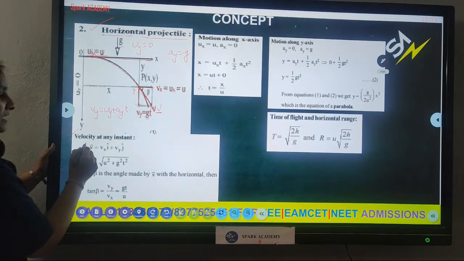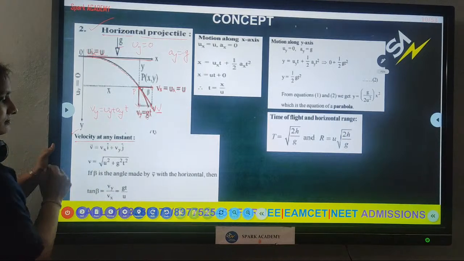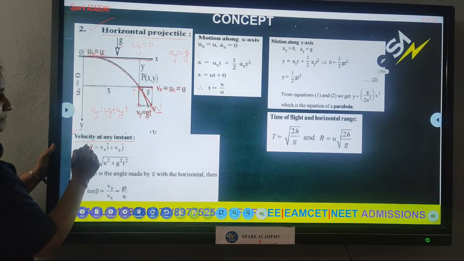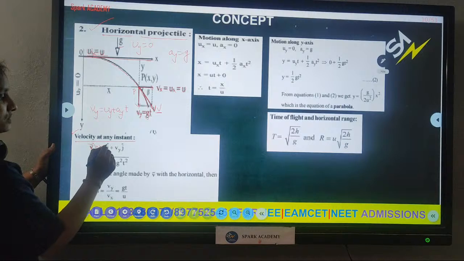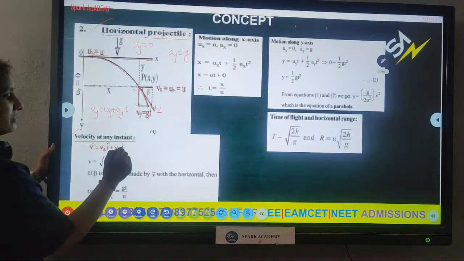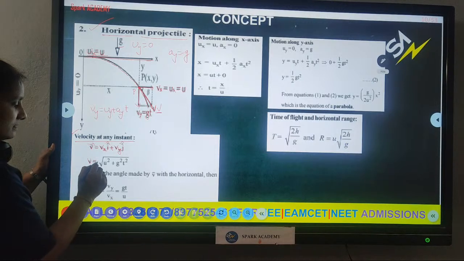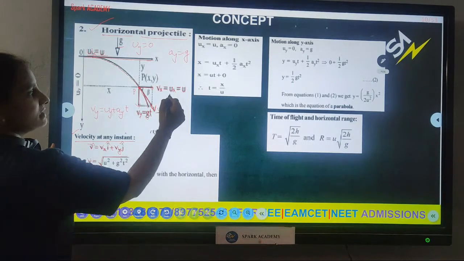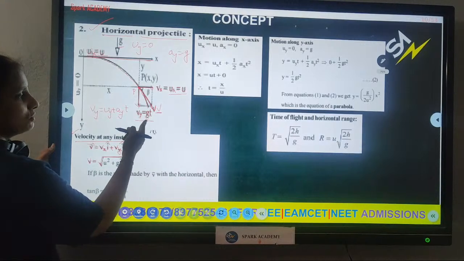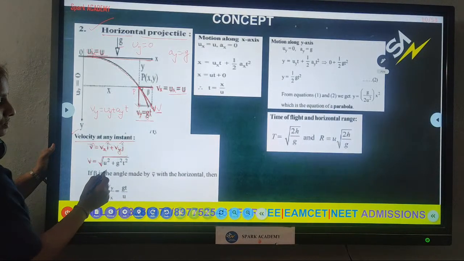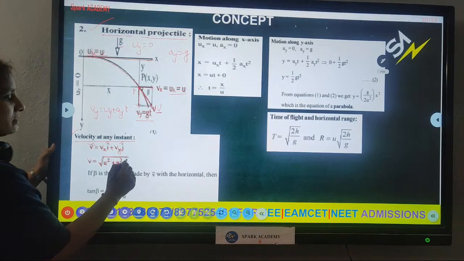See here, velocity at any instant will be v bar is equal to vx into i cap plus vy into j cap. So resultant: vx is equal to u, vy is equal to minus gt. So the magnitude squared becomes u square plus g square t square.